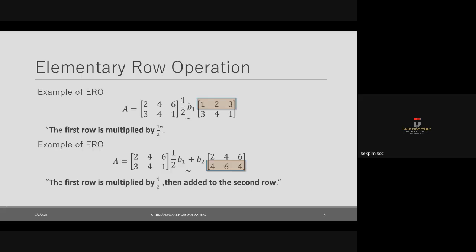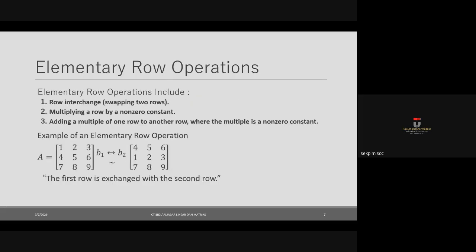Next is the example for the third operation, which is you can add a multiple of one row to another row.